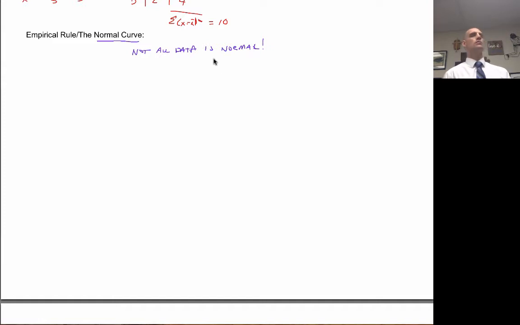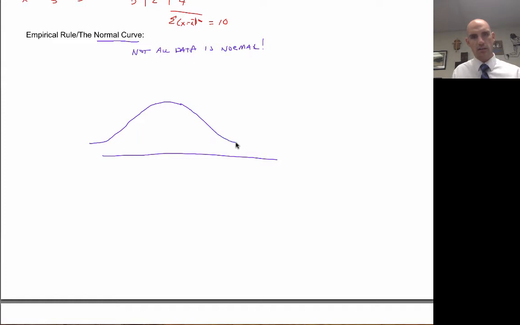So now, once we start to talk about standard deviation, people are like, oh, well, this rule always applies. It doesn't. It's the empirical rule only for the normal curve, and this is the way that it works. The normal curve is called the bell curve because it has some features that look like this, right?